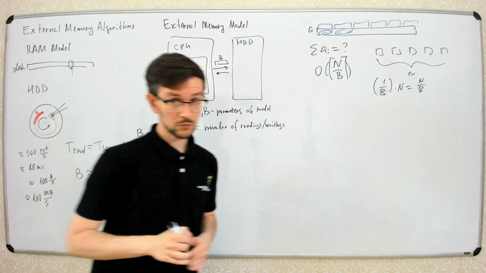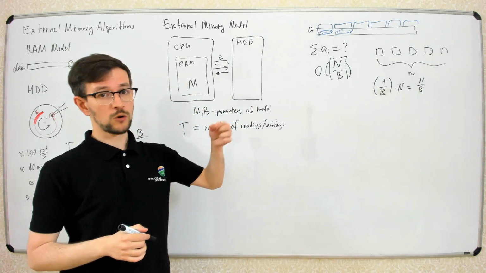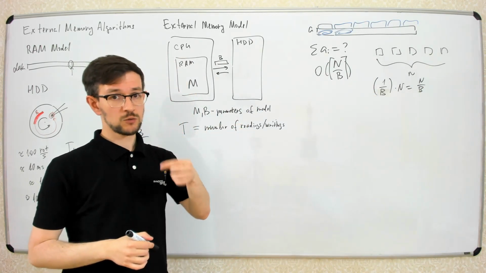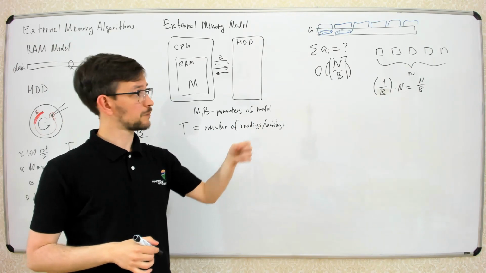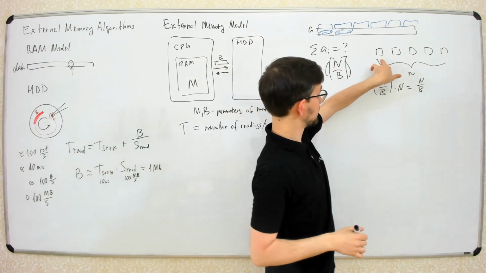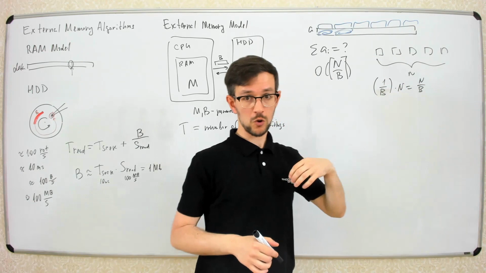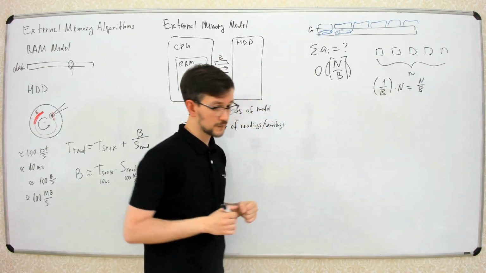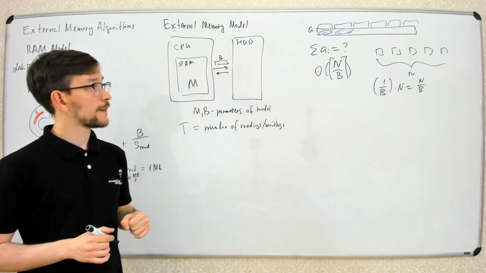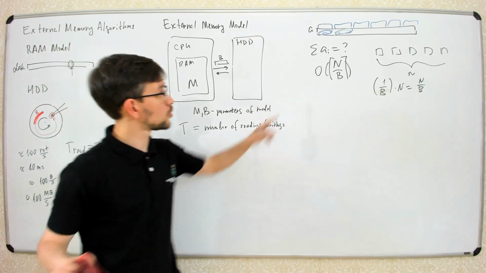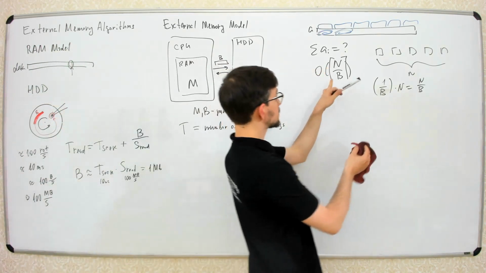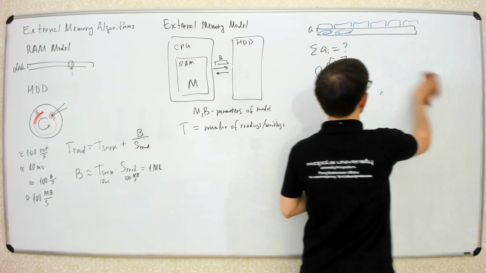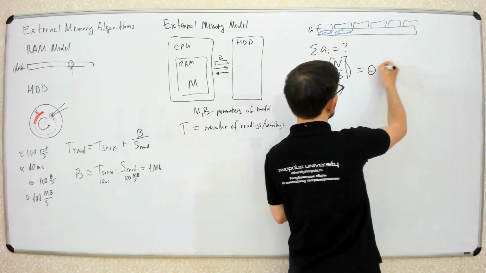That's not true. If you read a lot of small arrays, the time complexity will be n, not n over b, because for each of these small arrays you need to read at least one block from your external memory. So this ceiling is actually important. Instead of the plain fraction, you write it with the ceiling.